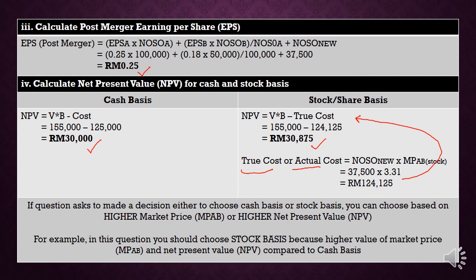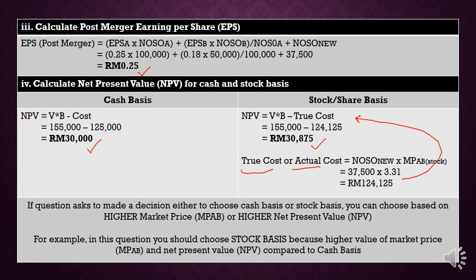And based on the information, or based on the answers for calculations under market price, which is MPAB, and also NPV, you can come up with the decision making either to choose cash basis or the stock basis.